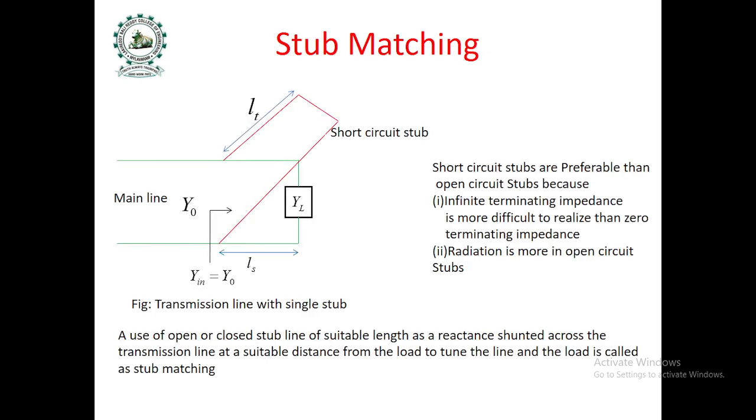So stub matching. A stub is a transmission line. It is either a short circuited or open circuited transmission line, useful to match the main transmission line and load. Short circuit stubs are preferable to open circuit stubs because an infinite terminating impedance is more difficult to realize than a zero terminating impedance. Also, radiation is more in open circuit stubs.